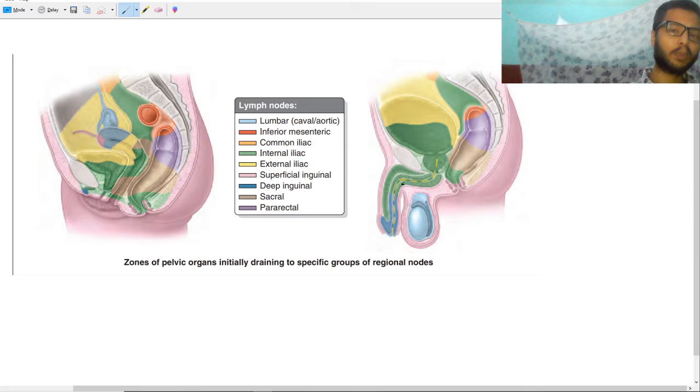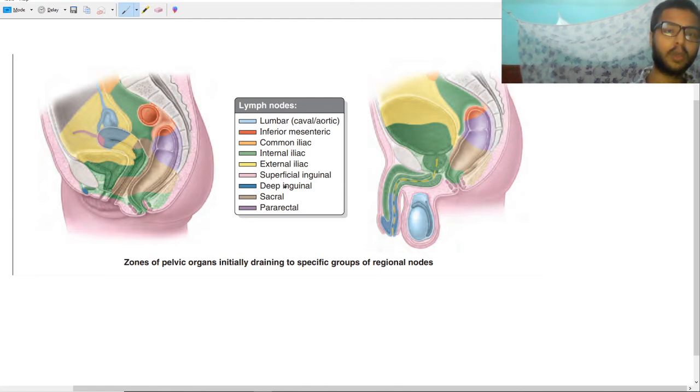Intermediate and spongy urethra drains into external iliac lymph nodes, because this yellow color is external iliac lymph nodes, okay? Got it? Okay. So now come to lumbar lymph nodes.